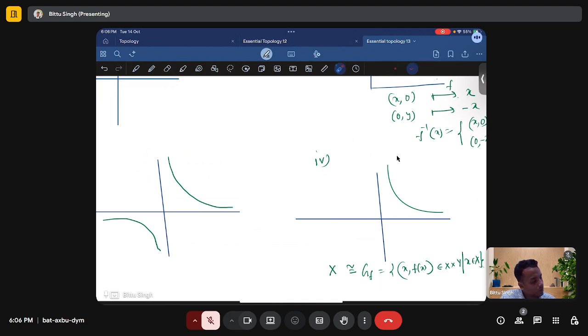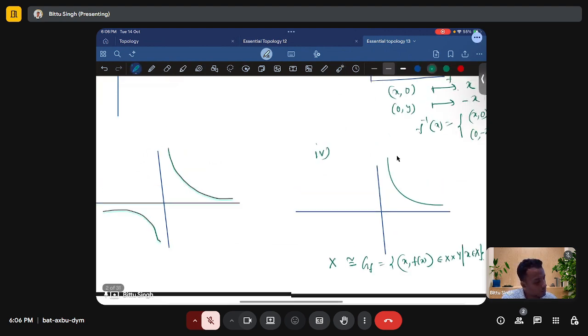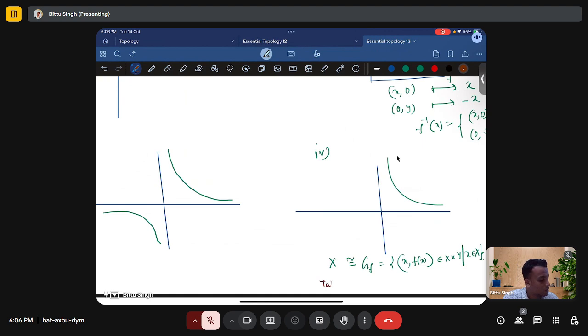So this one can be thought of as, if we consider the domain open interval 0 to infinity, take X equal to open 0 comma infinity. So this is our G_f, this curve. Therefore X is homeomorphic to G_f.